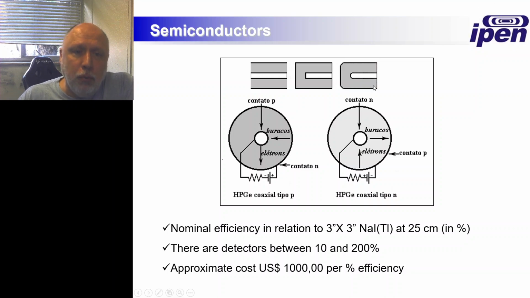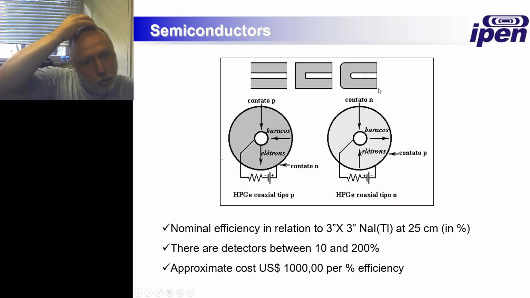That's why they came up with this idea. Imagine you had this, but with a hole in the middle here, and you apply tension from here to here. Then you have a much more constant electric field, and as you see, any event will be happening close to one of the contacts.